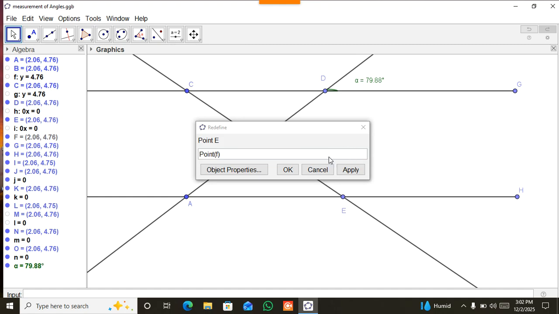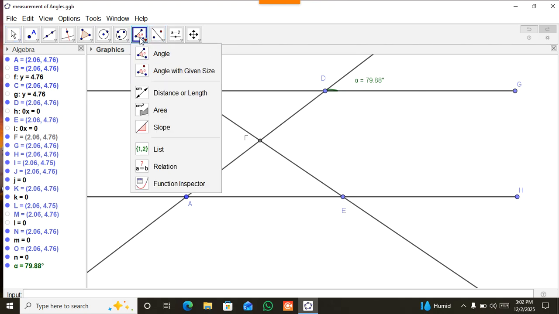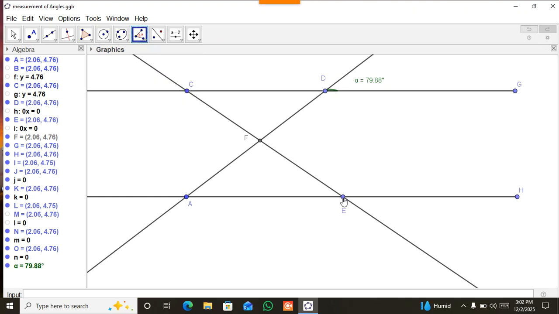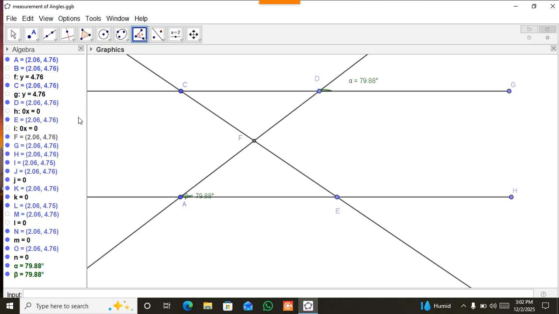I'll first select the angle icon, then click the points E, A, F. So once that is done, it measures the angle for me.